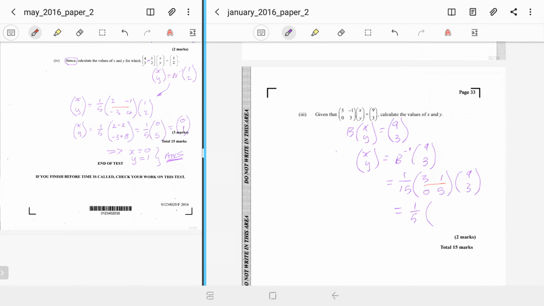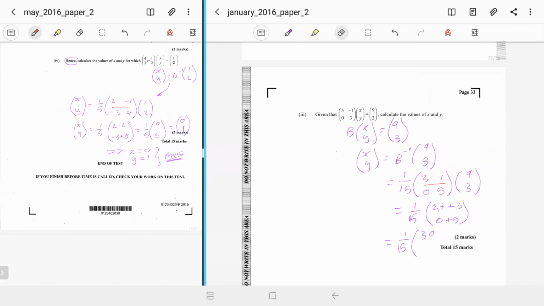All right, so it's going to be 3 times 9 is 27, and 1 times 3 is 3. And then 0 times 9 is 0, and 5 times 3 is 15. So this becomes 1 over 15, bracket 30, 15.